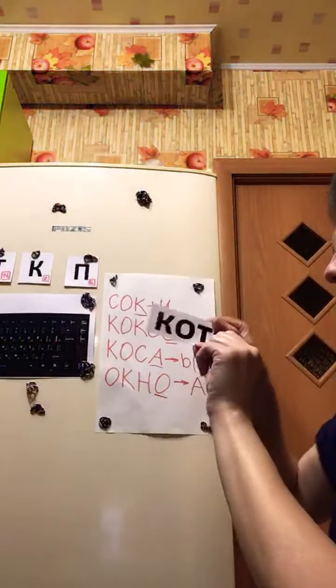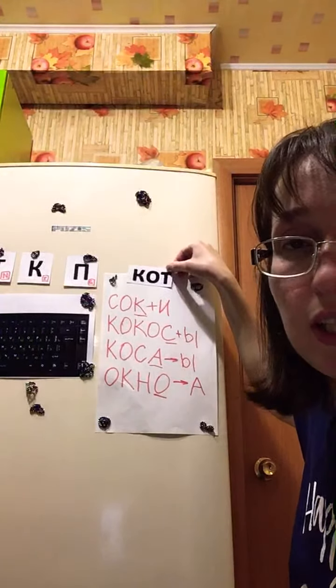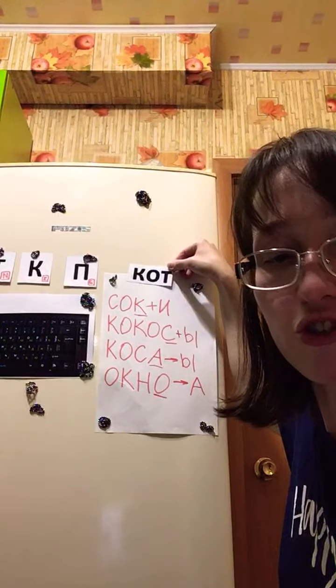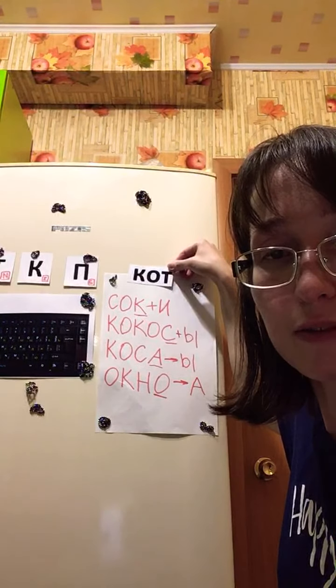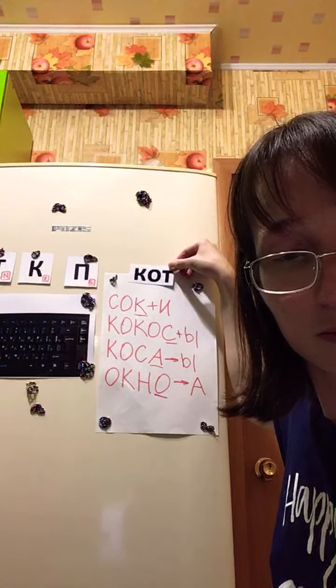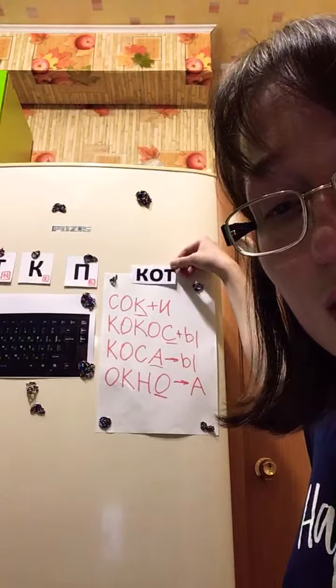In English, they both sound like a cat. Кот is masculine in Russian, and it's a male cat. What do you think about plural? Which letter do we need for plural? Cats.